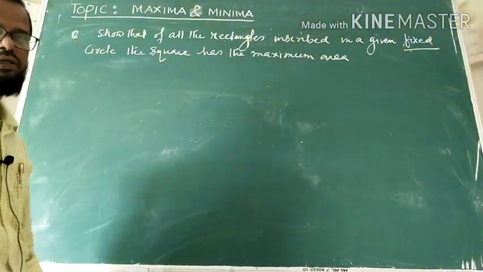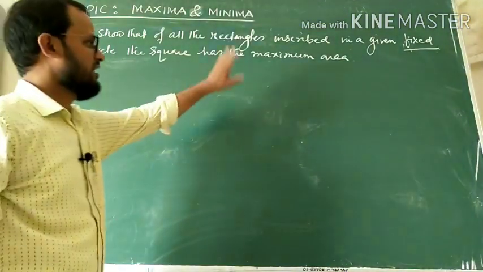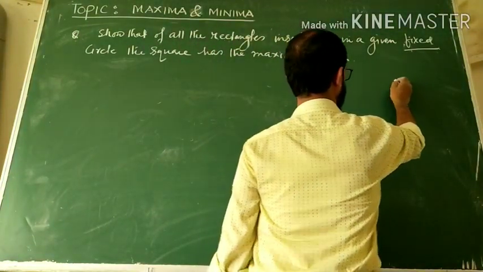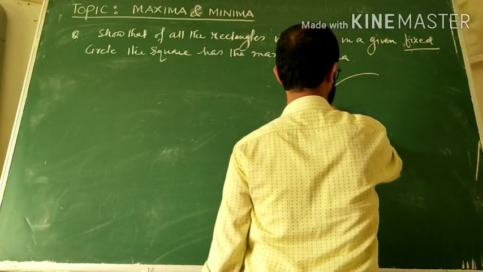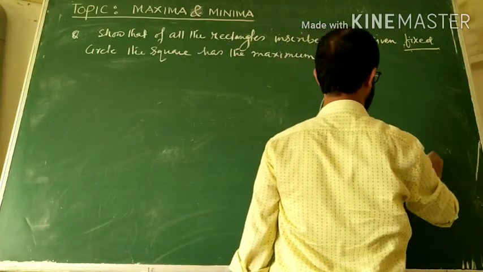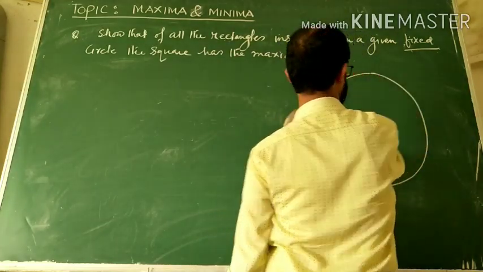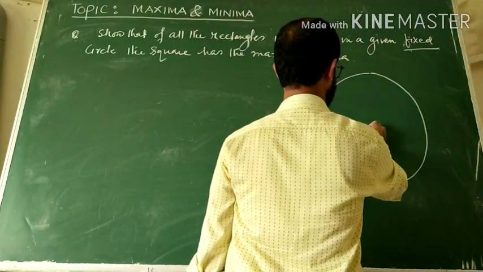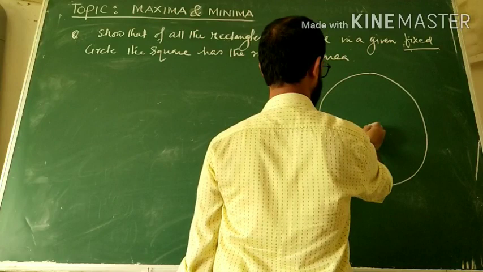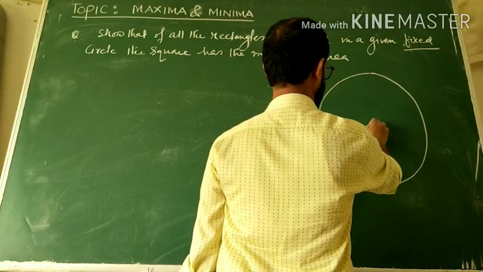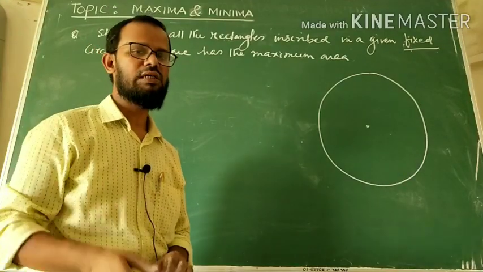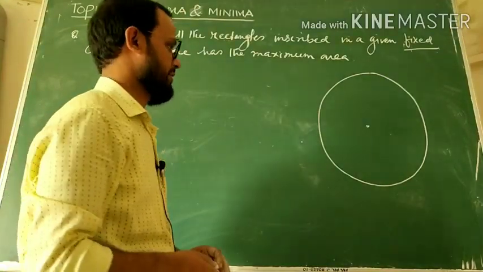So, very interesting question. Your circle is fixed. Circle fixed means what? This is your circle, suppose here, diagram is compulsory. Circle is this, its center is this one, and since it is a fixed circle, its radius is also fixed.